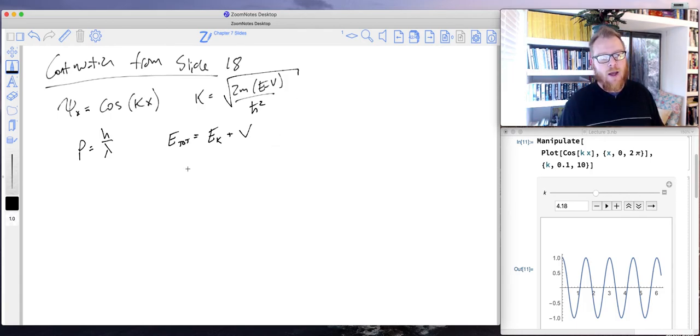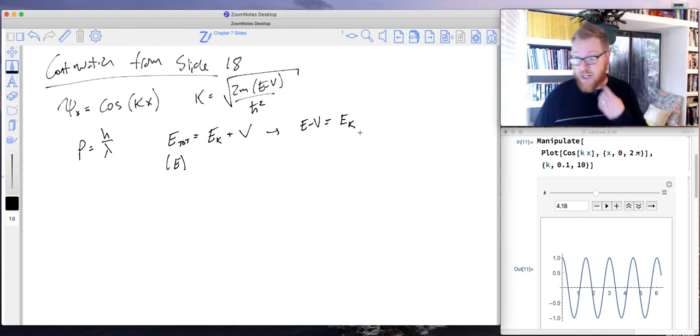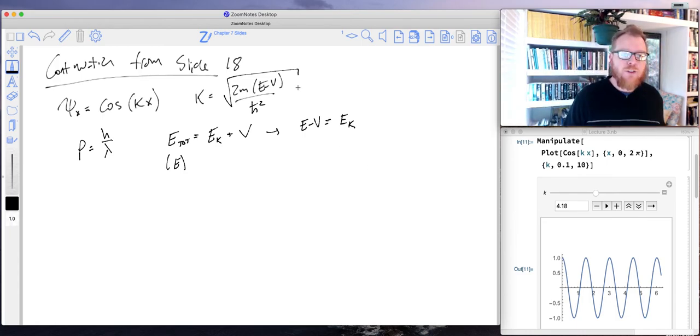So then we know, therefore, and I'm just going to put in parentheses E from our Schrodinger equation, doing some algebra here, that E minus V is going to give me the kinetic energy, right? The difference between the total and the potential is the kinetic. So that means I can rewrite this wave number solution up here as the square root of 2 times m times the kinetic energy, all divided by h bar squared.